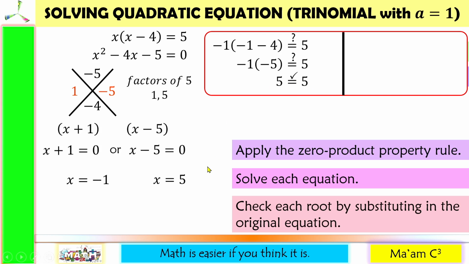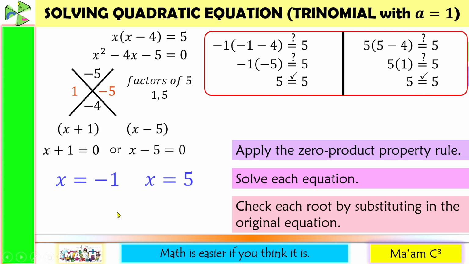Now let us move to the second one. Let us replace all x's here by 5. Are they equal? 5 minus 4 is 1. Is 5 times 1 equal to 5? 5 times 1 is 5, and so it is equal to 5. Therefore, our answers x equals -1 and x equals 5 are correct.